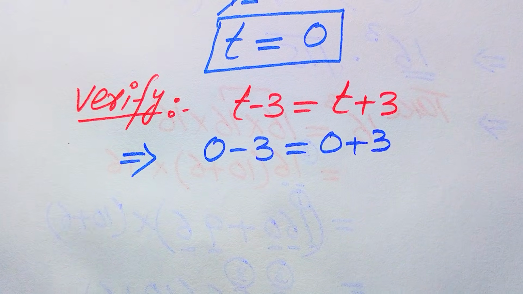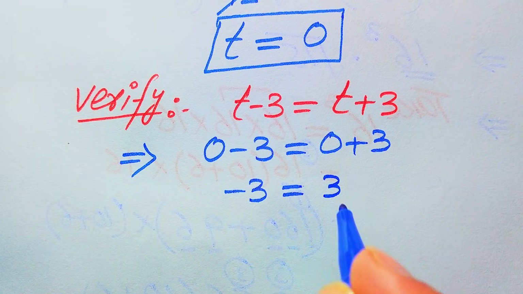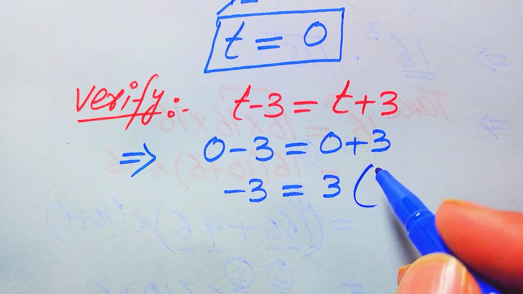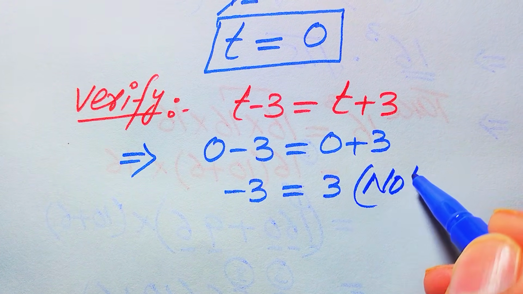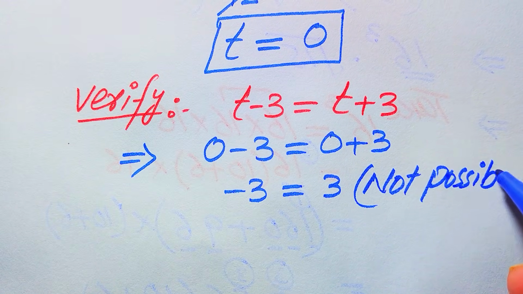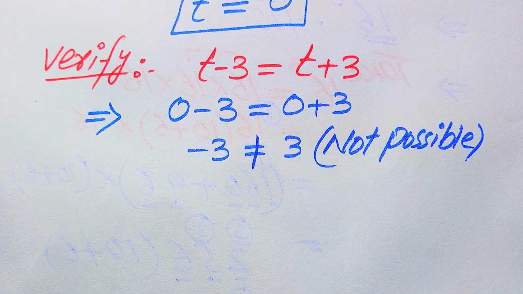So you see we have 0 minus 3 becomes minus 3 and 0 plus 3 becomes plus 3. This is a negative term and this is a positive term, and in general it is not possible that a negative value is equal to a positive value. This is not equal.